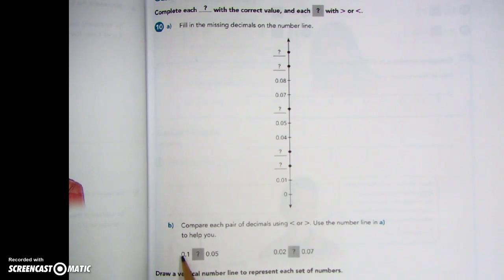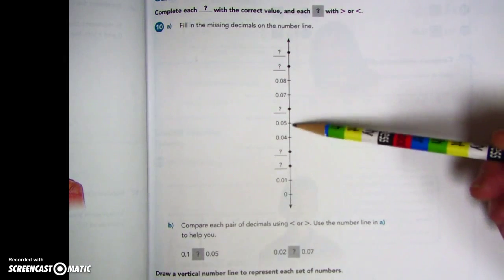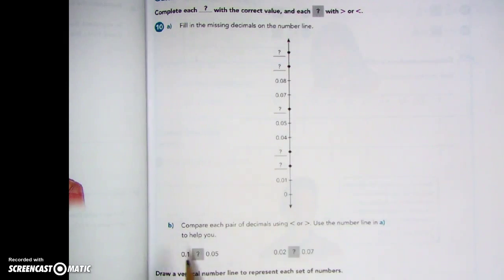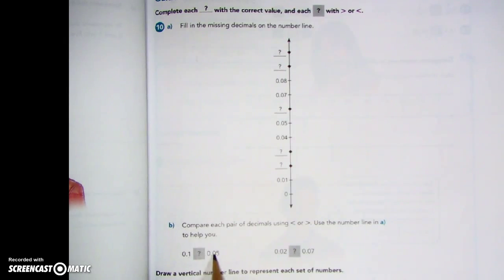All right, it says compare each of the following decimals. So 0.1, or you could just say 0.1, is next to 0.05. And so if we look on our number line, you need to make sure you take your prior knowledge of this is the tenths place when we're doing decimals. So this is the tenths place, this is the hundredths place.